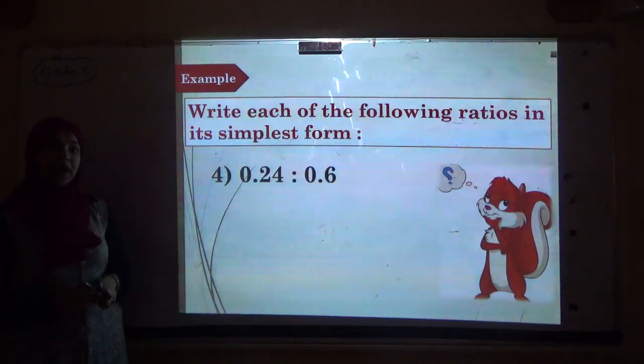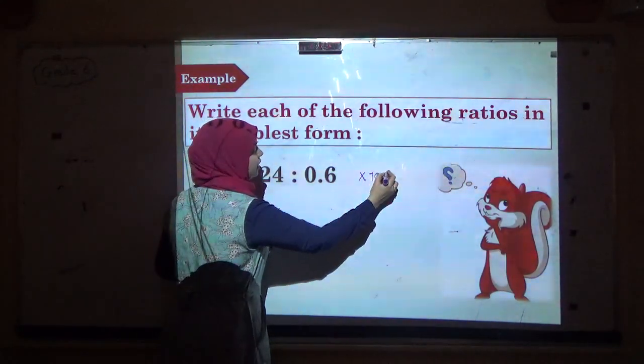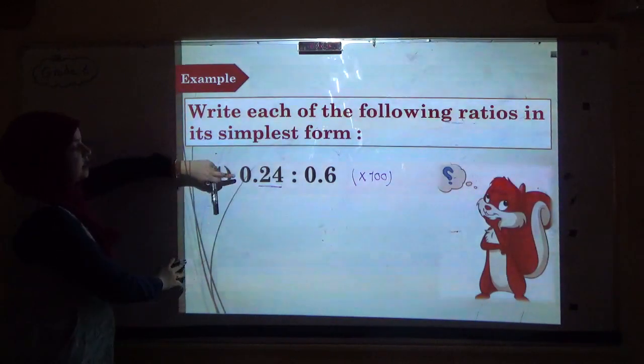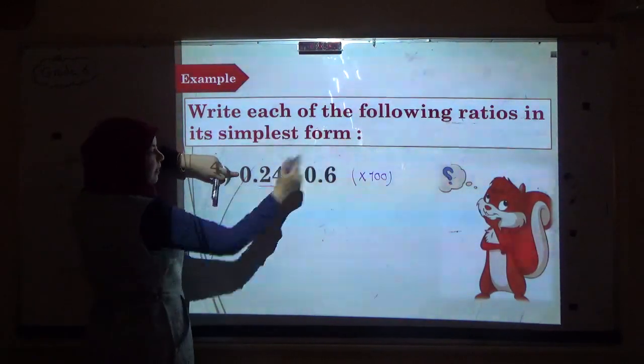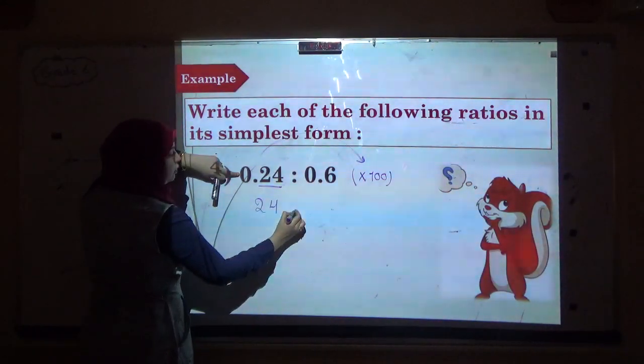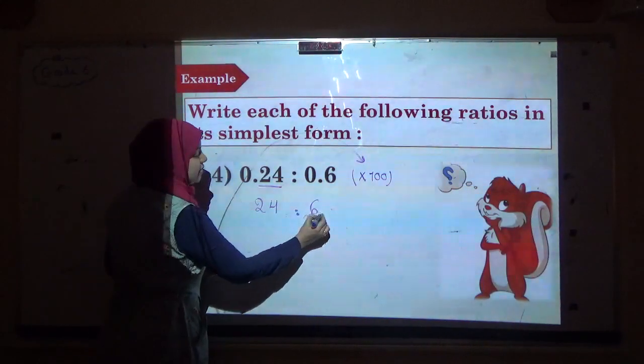So we will multiply the two terms by 100 because in this term the decimal point is after two digits. 0.24 multiplied by 100 equals 24, and 0.6 multiplied by 100 equals 60.